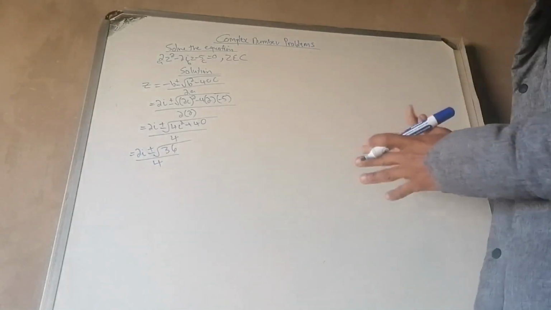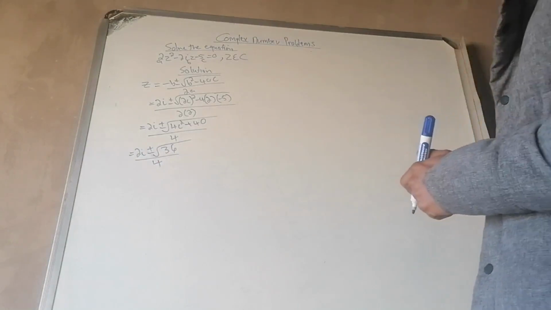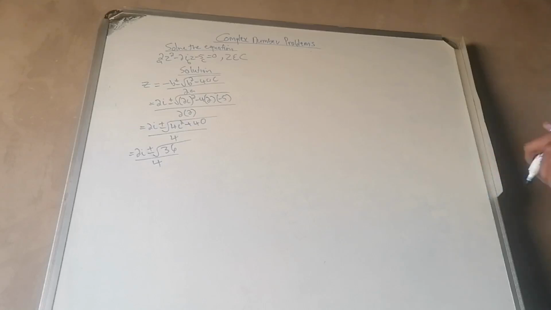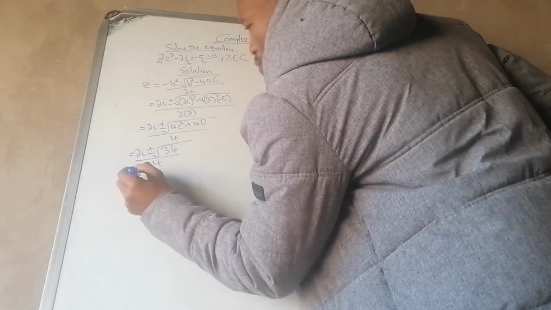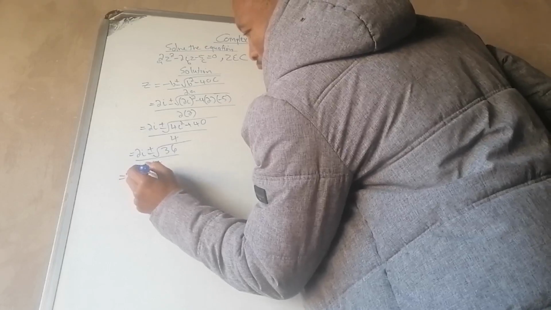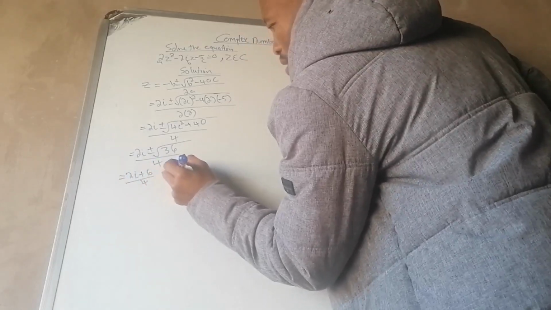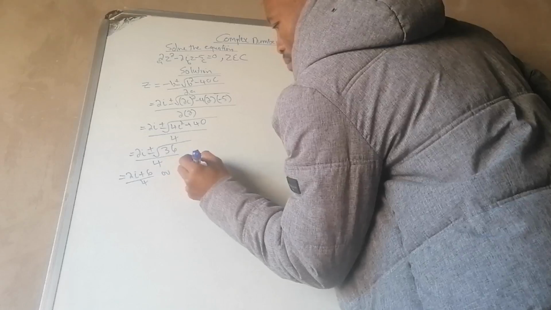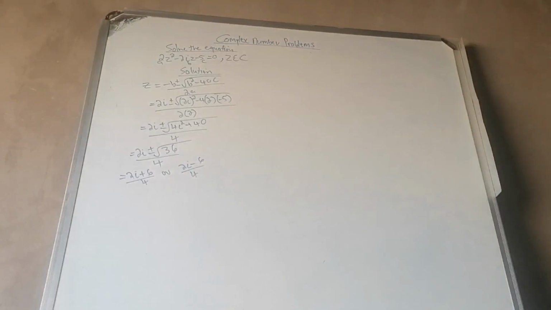Okay, I'm going to use two ways here in case somebody doesn't want to use a quadratic. I know that the square root of 36 is 6. So with the first one, you will say 2i plus 6 over 4, or you will say 2i minus 6 over 4. I think these are the possibilities that you can have.